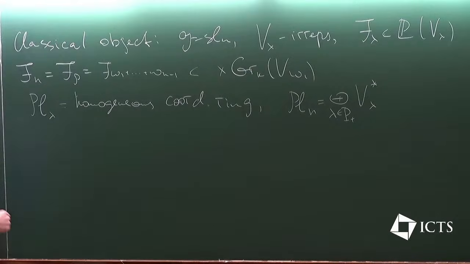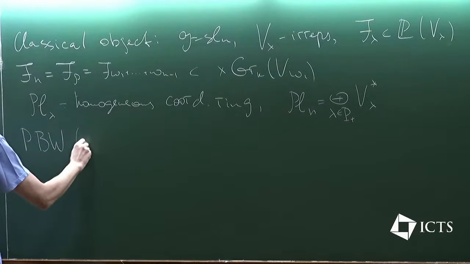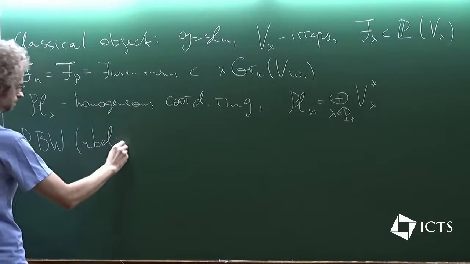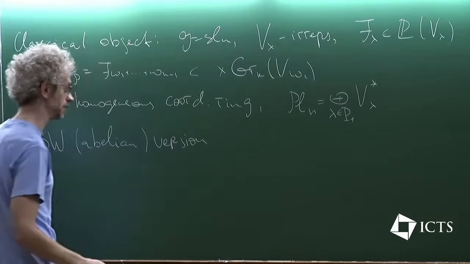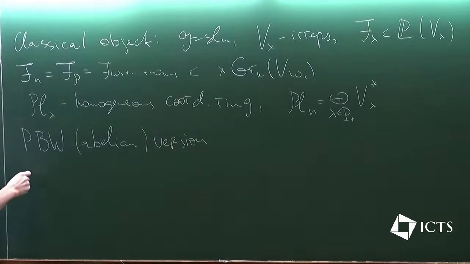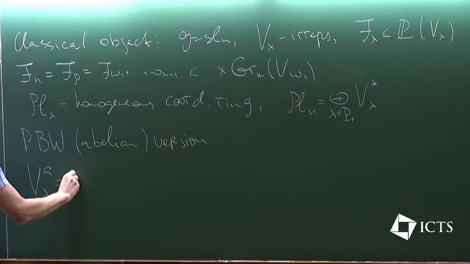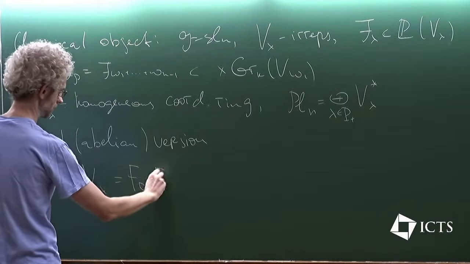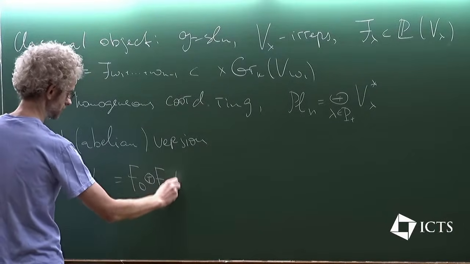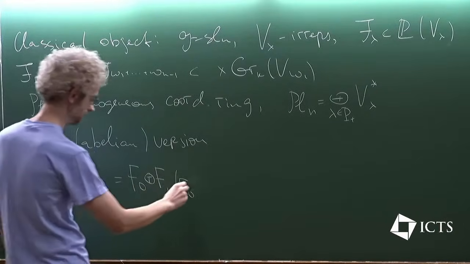So then we went further to the PBW version. And we've seen that V_lambda^a is the gr of V_lambda. So these are quotients of the induced PBW filtration on V_lambda.